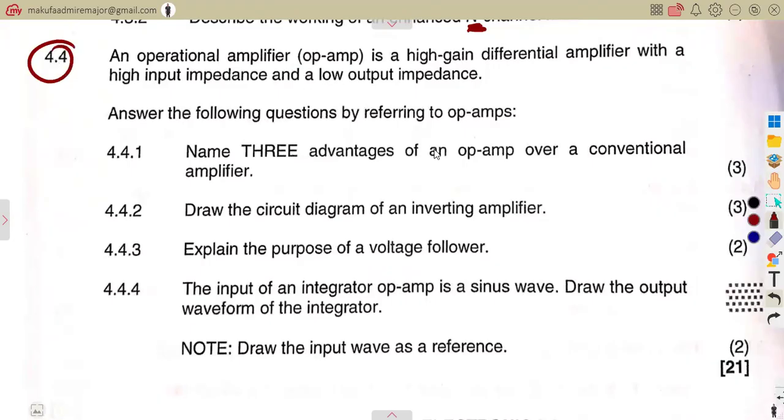4.4 was amplifiers. Answer the following questions referring to op amps. 4.4.1, name 3 advantages of an op amp over a conventional amplifier. Op amps have advantages over conventional amplifiers.